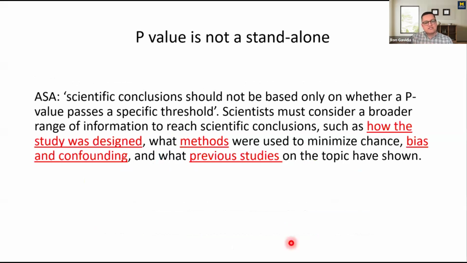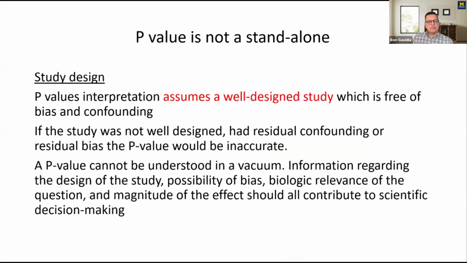Scientific conclusions should not be based only on whether a p-value passes a specific threshold. Scientists must consider a broader range of information, such as how the study was designed, what methods were used to minimize chance, bias, and confounding, and also what previous studies on the topic have shown in the past. That means basically plausibility for the findings.